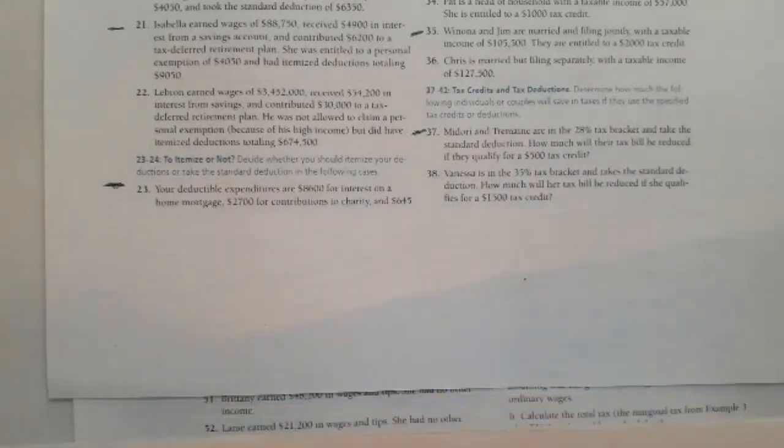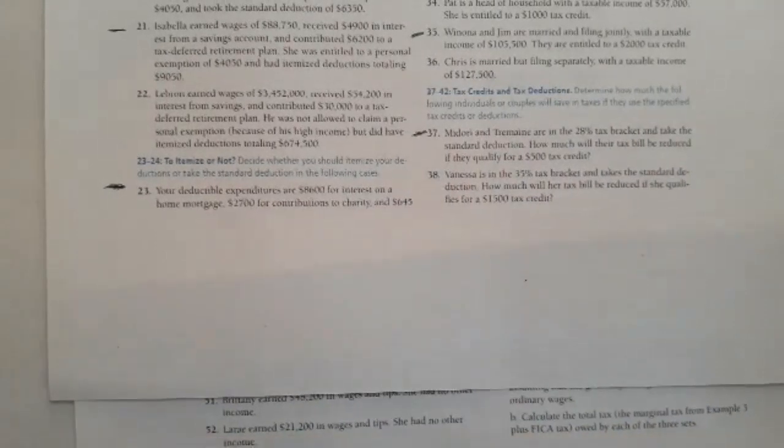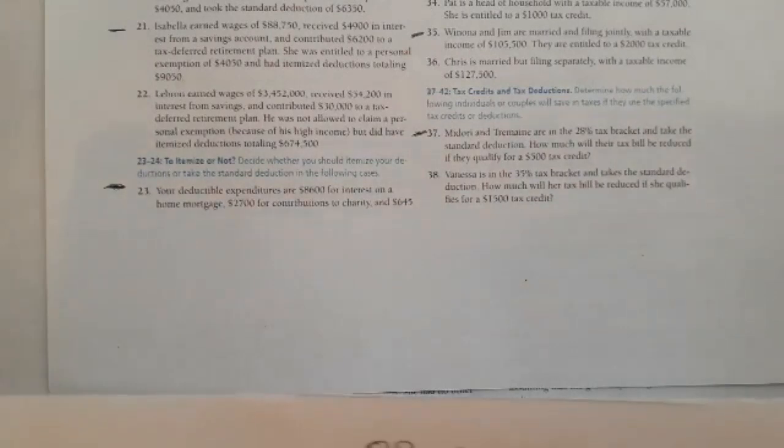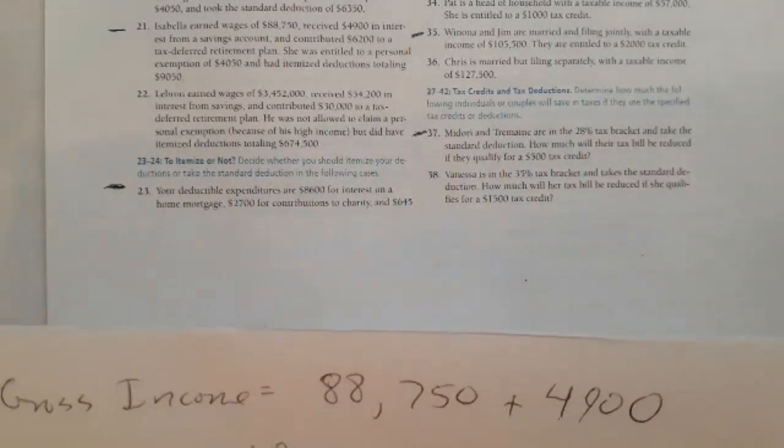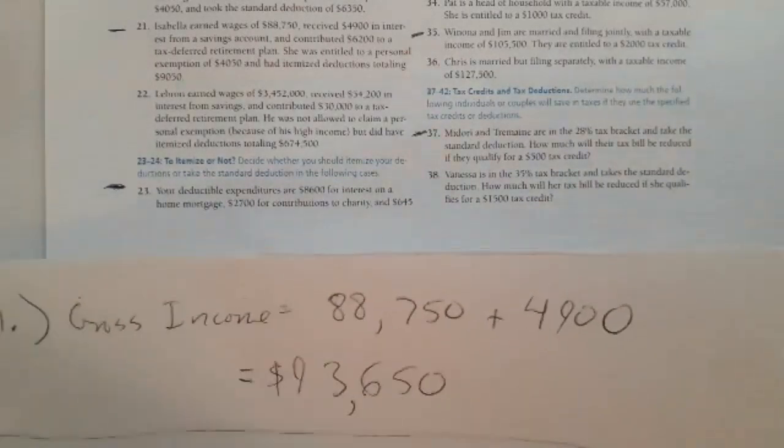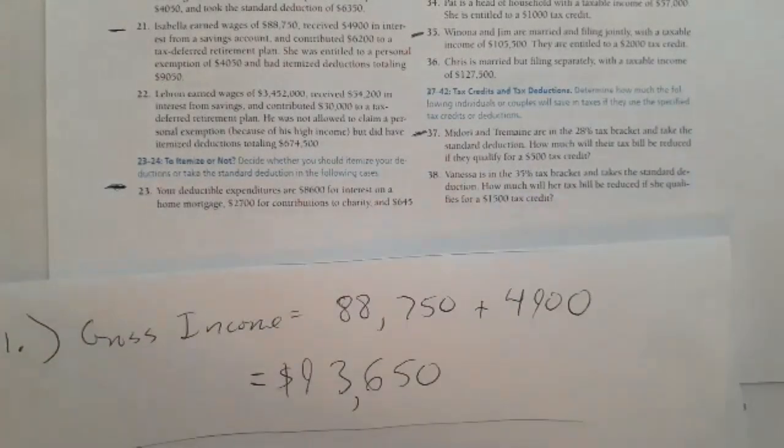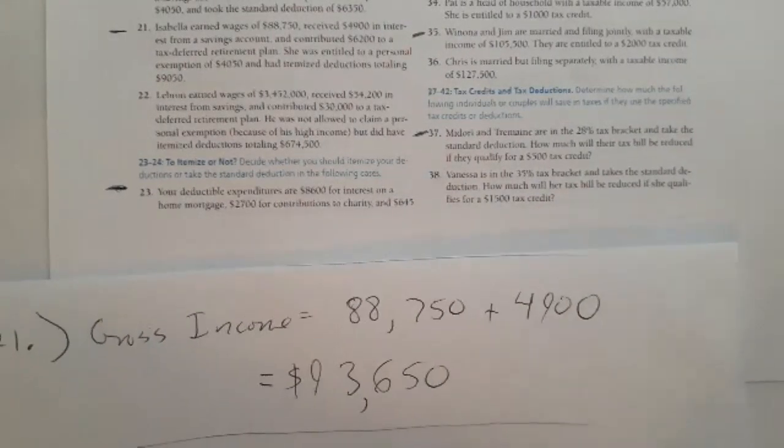If I want my gross income, I'm taking my wages, everything I've earned, and my interest, adding those two things together. So I take that 88,750 and that 4,900, add them together, I get the 93,650, right?